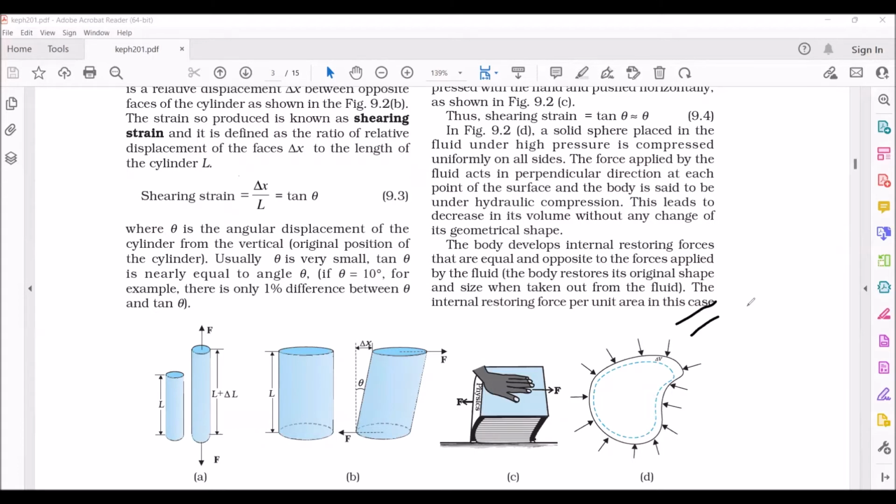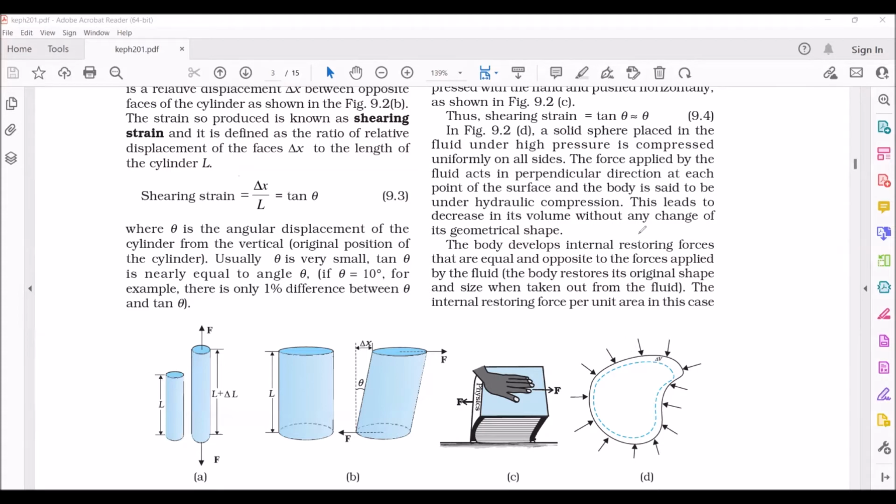Now in another example, there is a solid sphere. The solid sphere is placed in the fluid. This is under high pressure and it is compressed uniformly on all sides. You see the arrows, uniformly it is being compressed from all sides.